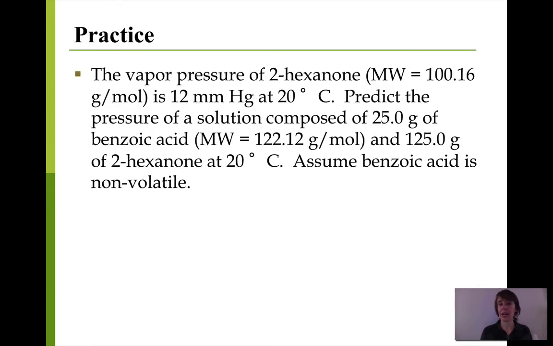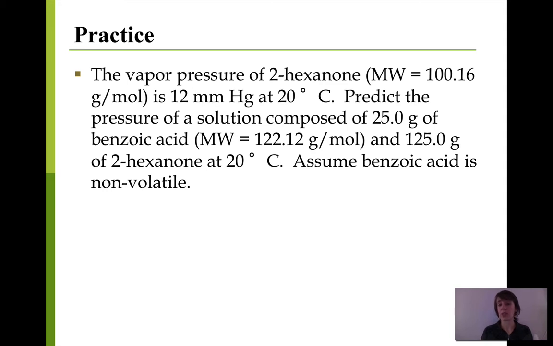Let's do a little bit of practice. This is a pretty typical problem for applying Raoult's law. The vapor pressure of a compound called hexanone is 12 millimeters of mercury. Vapor pressure is temperature dependent, so this is at 20 degrees Celsius. Now the question is, what would the pressure of the solution be if we have 25 grams of benzoic acid dissolved in 125 grams of the hexanone?